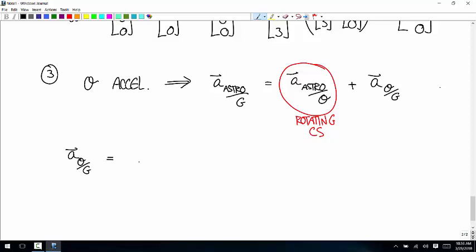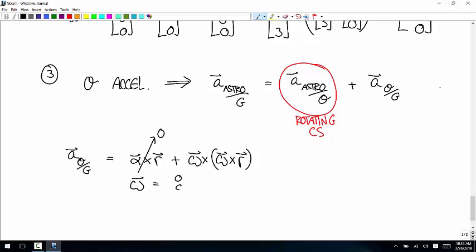So this is just going to be alpha cross r plus omega cross quantity omega cross r. There's no alpha, yeah, sorry.